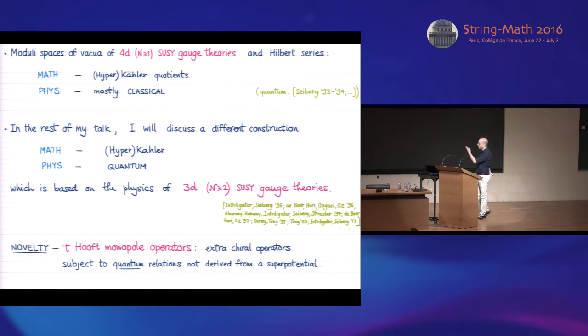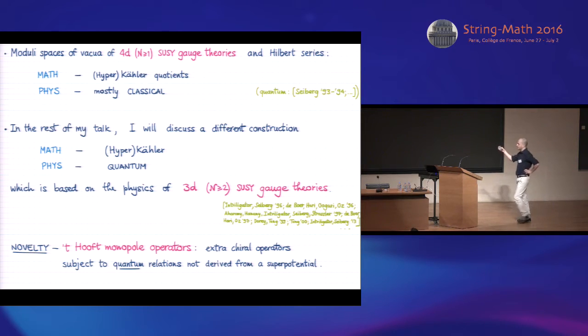So this type of theories have been studied a lot in the literature in the 90s, and particularly also the moduli spaces of vacua. So today, I'm going to try and take a slightly alternative, though not completely unrelated, point of view. So we'll be counting gauge invariant chiral operators in these theories.